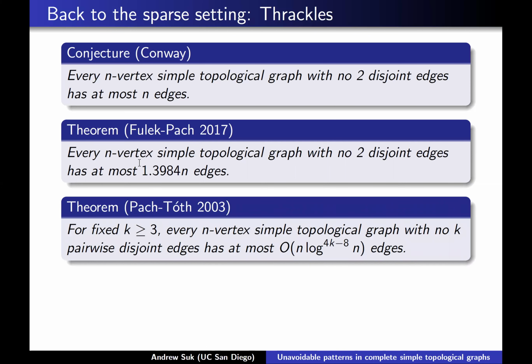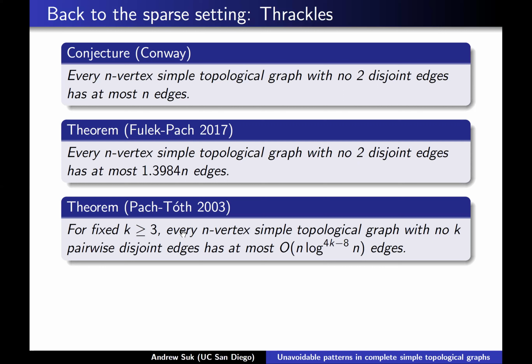That's still open, even for k equals 3. And as of today, the best known upper bound is due to Pach and Tóth from 2003, who showed that if you do have an n-vertex simple topological graph with no k pairwise disjoint edges, then the maximum number of edges is at most this quantity here.